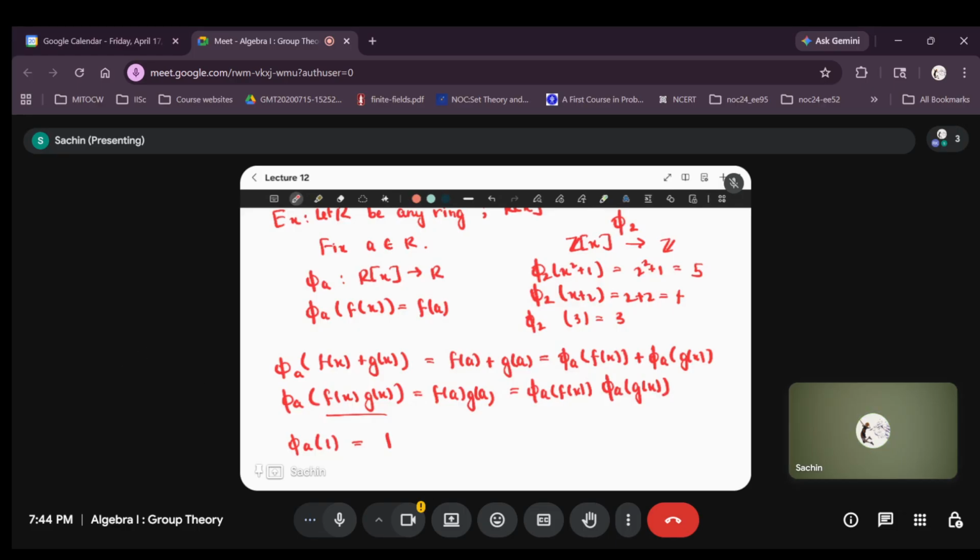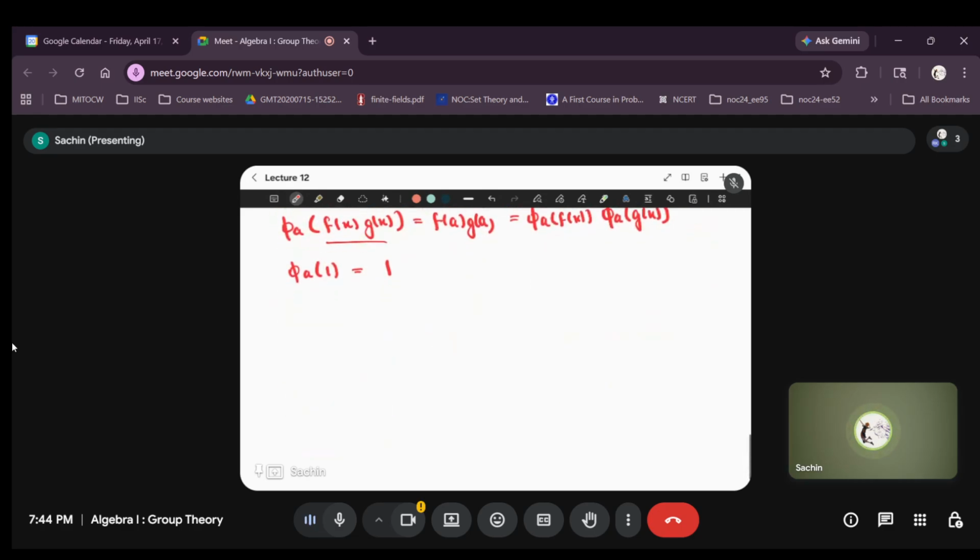Okay. So once we saw subgroups, we also saw the kernel and the image. Here the image is not important for us, but the kernel is important.